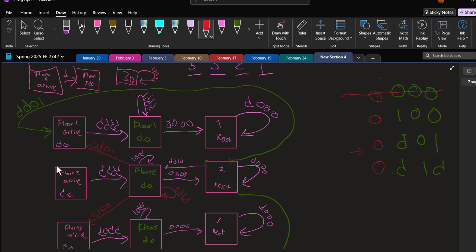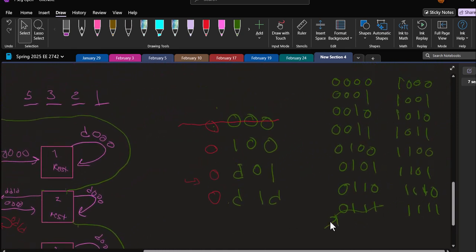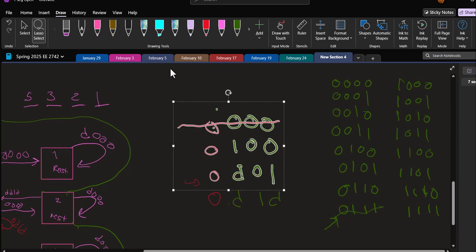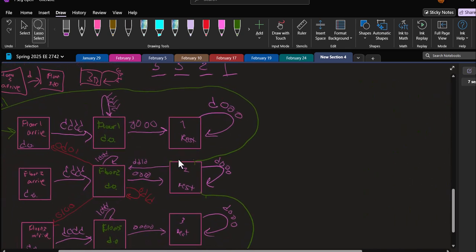So what kind of behavior do we want to have? Is there anything, based on what we did with floor 2, that we know we're going to want to have? So I'm thinking if you're at floor 1, it's at rest, and you press floor 1, it would go to the first arrival state.